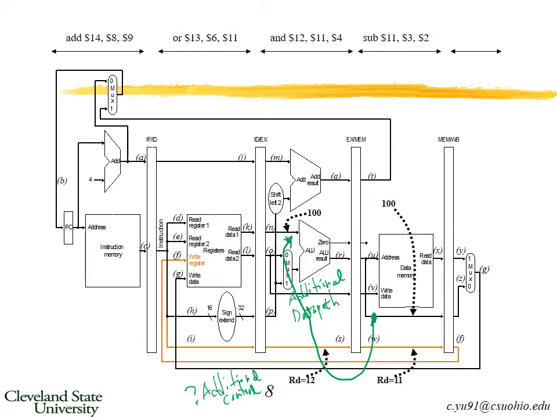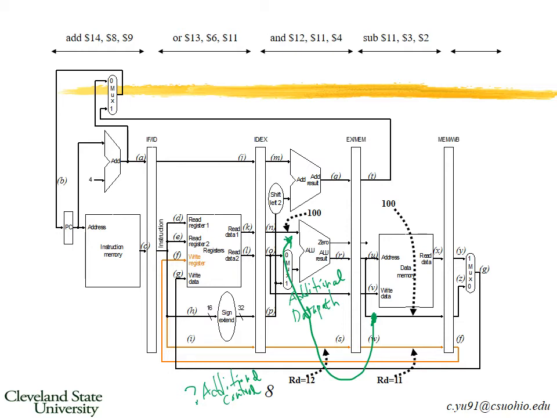So the idea is, why don't we just use data feedback? We already have the line that carries the 100 value, which is the new value of register 11. So why don't we add an additional data path from the memory stage to the ALU so that we can get the proper data?